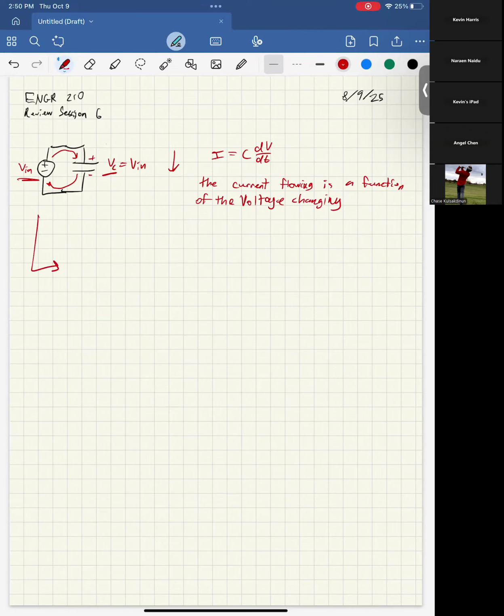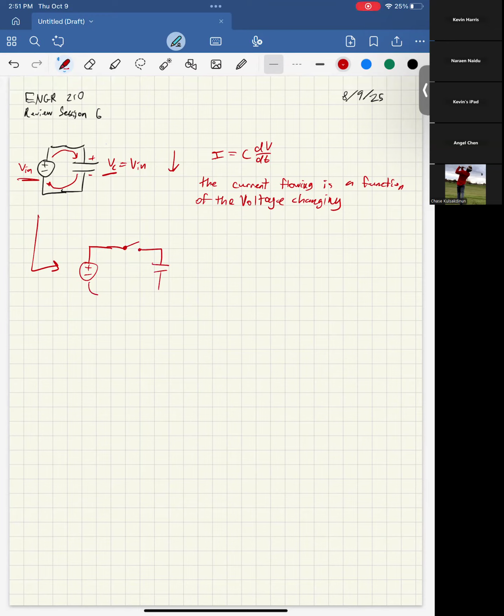The consequence of this is that when you first connect a capacitor to a circuit, so if we have what you'll see in this class, a switch where it can be in, say, two positions. You have a switch, let's just say it's like this.